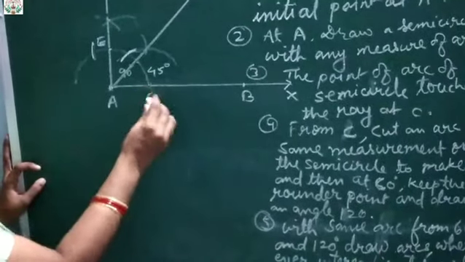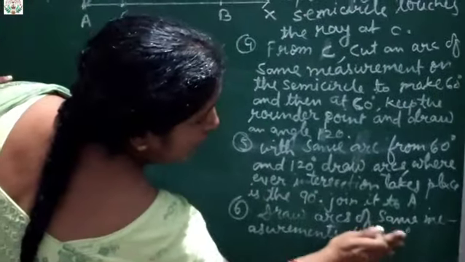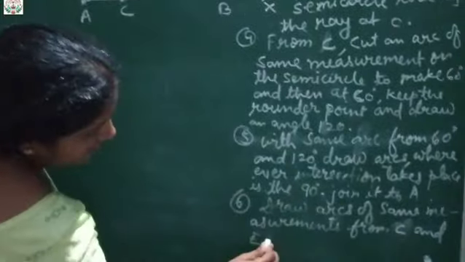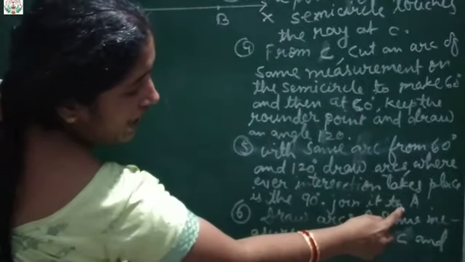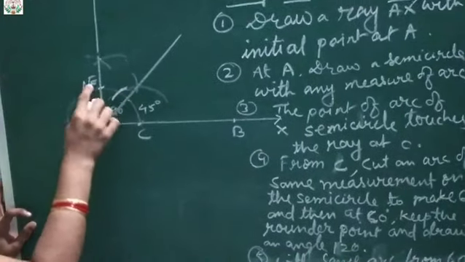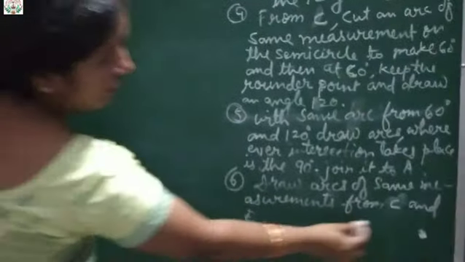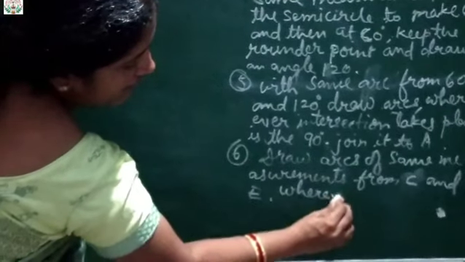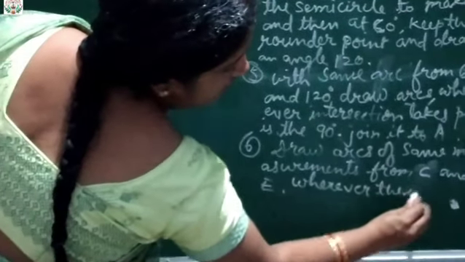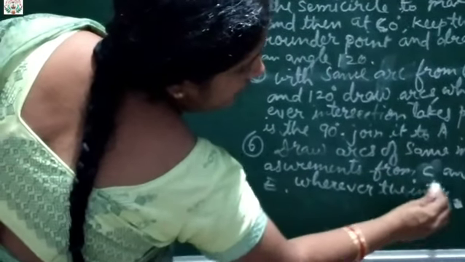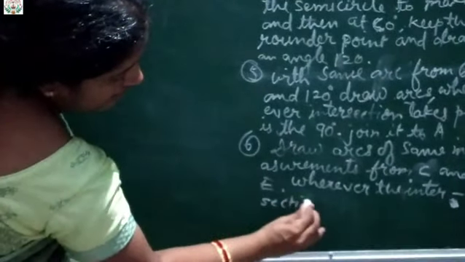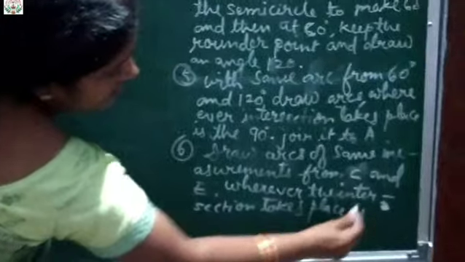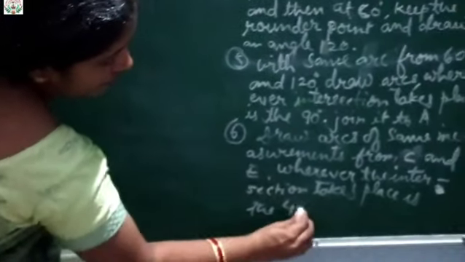That means this is 0 degree, this point C. Or you can write from C and E, because this point we have joined to A. So this 90 degree we have given the name E. So we can write from C and E, wherever the intersection takes place is the 45 degree.